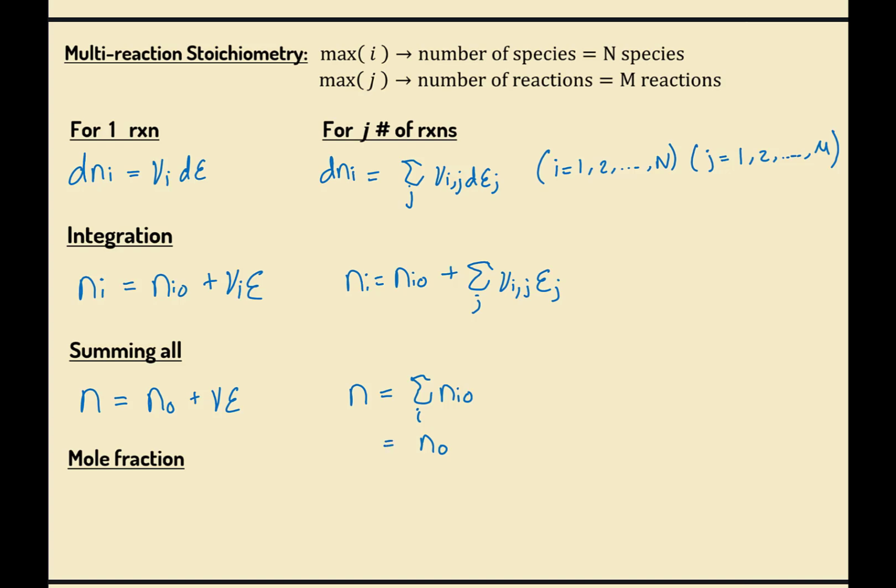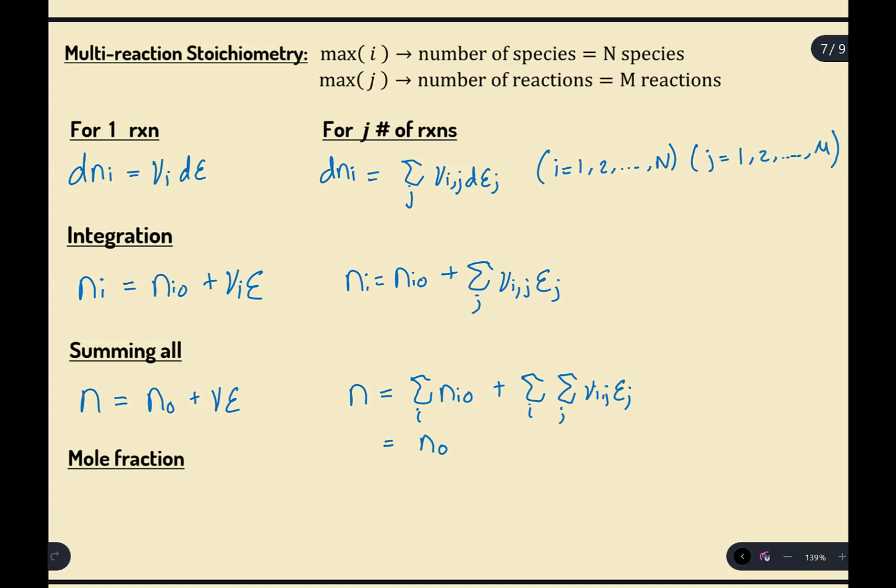Next part would be, what is the change in the total number of moles? This is going to be two summations: the summation over all species and the summation over all reactions. It's basically what we have up here: the stoichiometric number for every species in every reaction, multiplied by the reaction coordinate for every reaction.